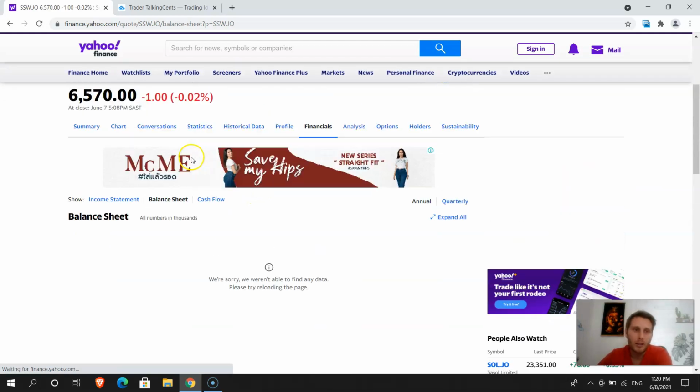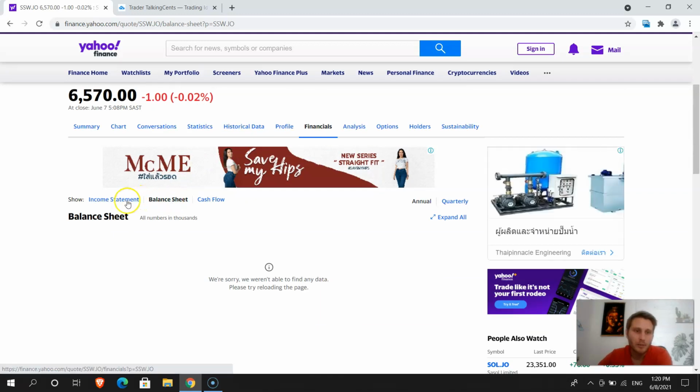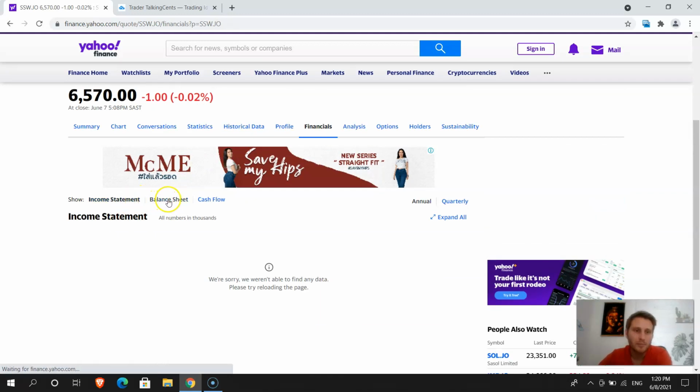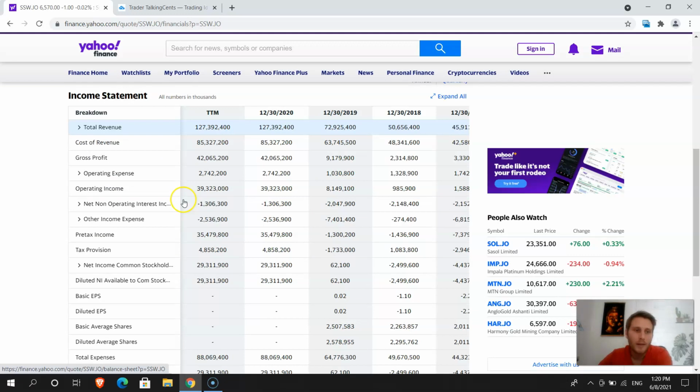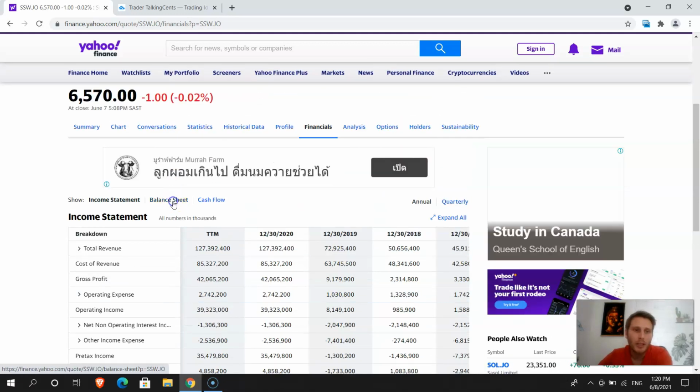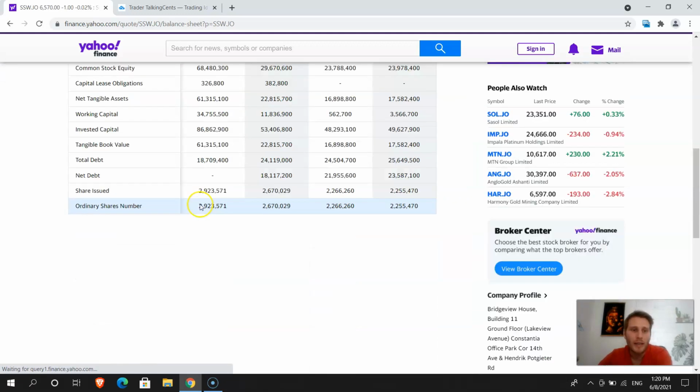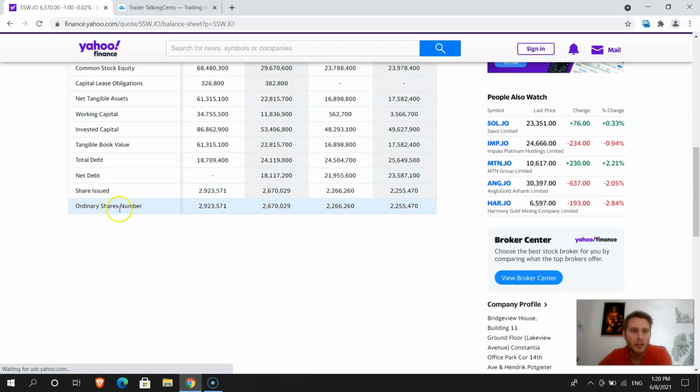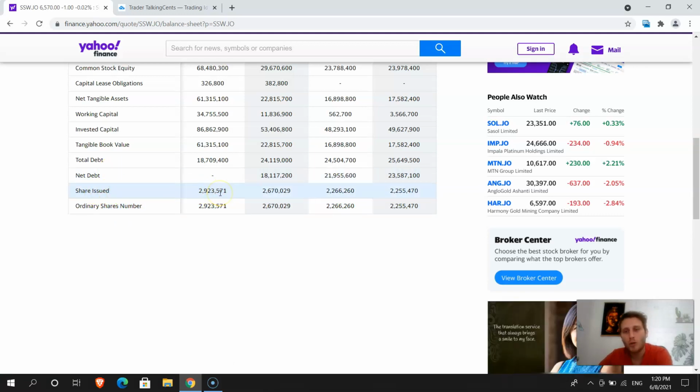You go back to the balance sheet, and you look for outstanding shares on the balance sheet. You'll find it here. Shares issued, 2.9 billion shares of issuance, and you divide the net income by that. So you take 29 billion, you divide it by 2.9 billion shares, and you are left with 10.